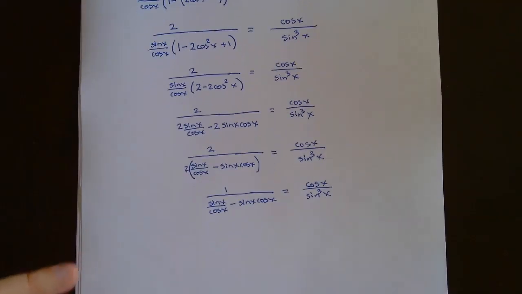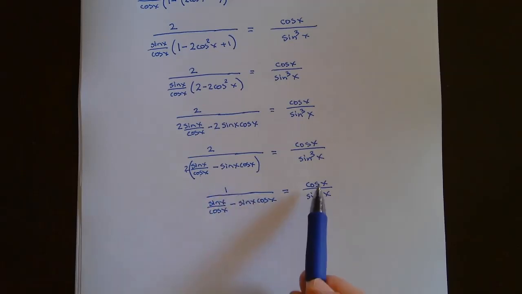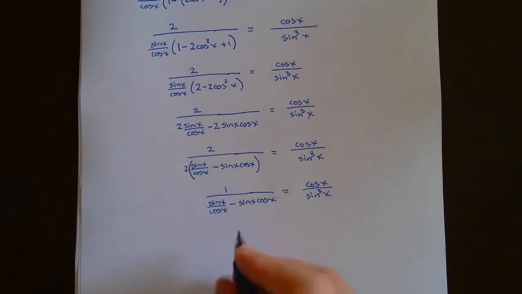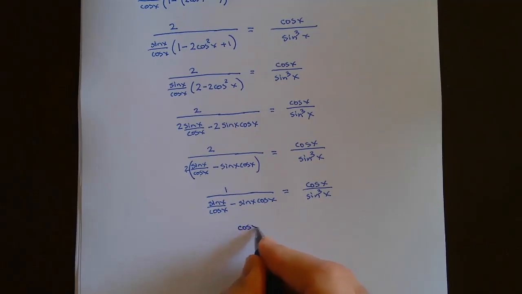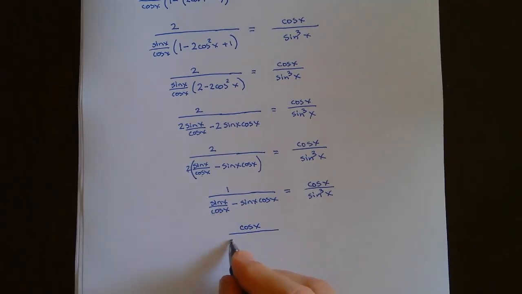Now what I'm going to do is multiply the top and the bottom by cosine x because I've got a complex fraction. What's telling me I'm on the right track is I'm going to pick up this cosine x in the numerator. So if I multiply top and bottom by cosine x, the top is going to become cosine of x, and the bottom is going to be sine x.